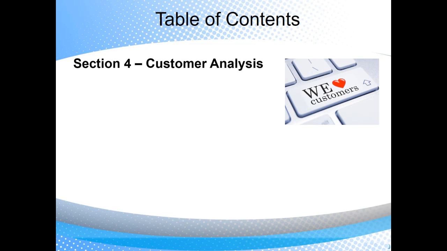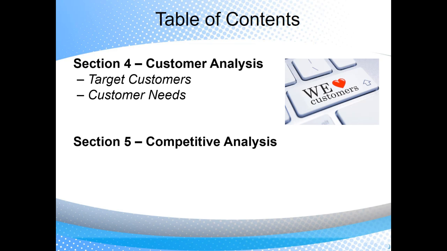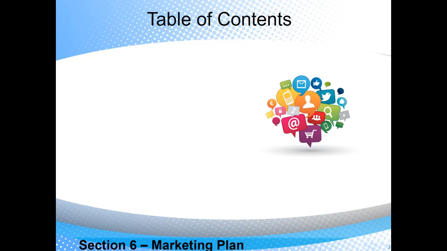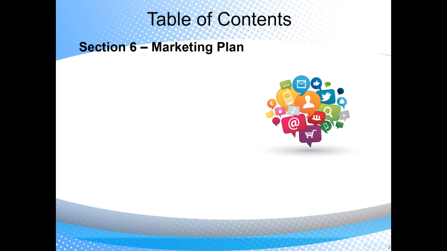Section 4 would include your customer analysis, in other words, your target customers and what your customer needs are. Section 5 would be competitive analysis. Here we would include direct competitors, indirect competitors, and also your competitive advantages. Section 6, marketing plan, as we discussed.